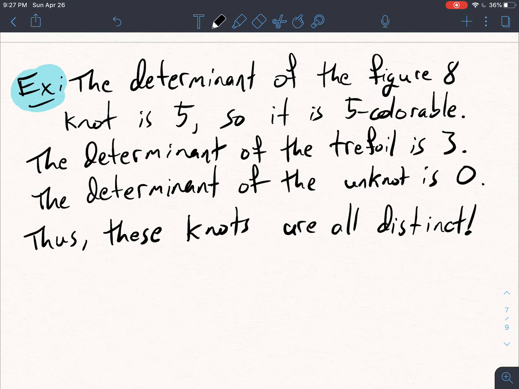And yeah, by the way, keep in mind I did not prove either of these things. I did show you that the trefoil is 3 colorable, but that doesn't mean that the determinant is 3. For example, you could find one knot that is 3 colorable, but the determinant of that knot is equal to 15, for example.